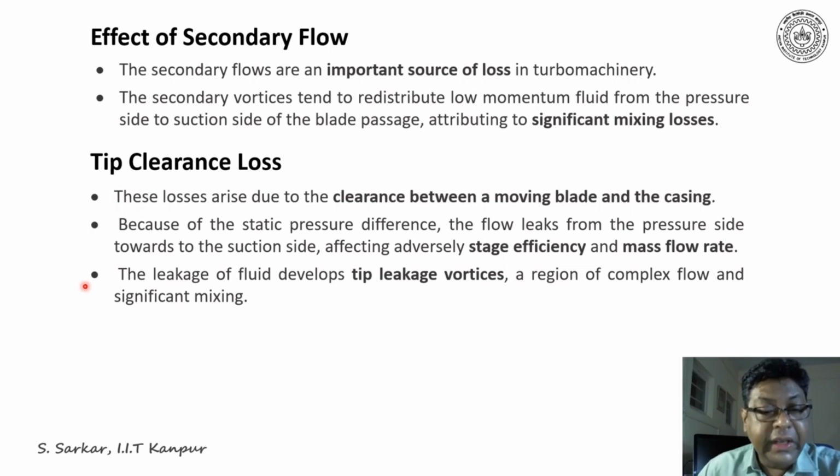Furthermore, the leakage fluid develops tip leakage vortices, a region of complex flow and significant mixing. Thereby, the tip leakage vortices, which are also a cause of significant mixing, create losses.